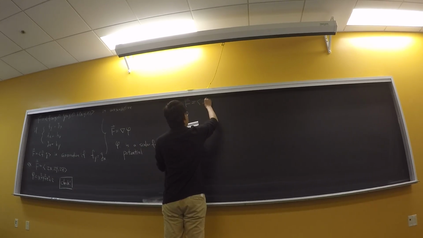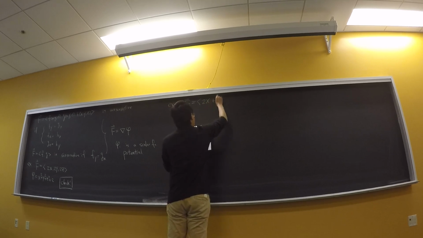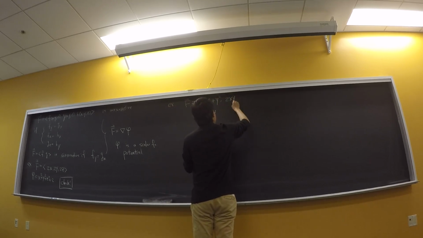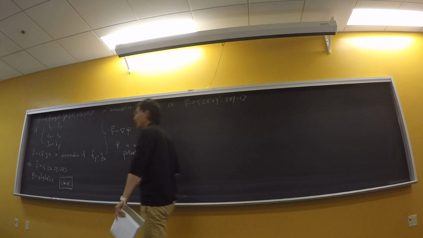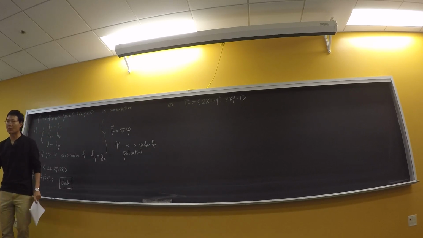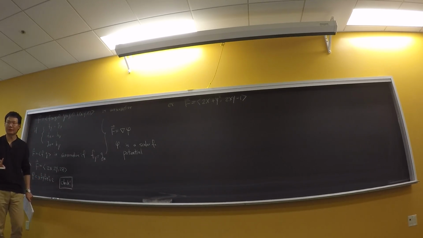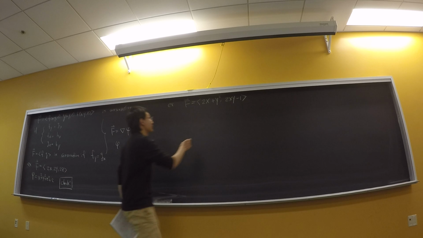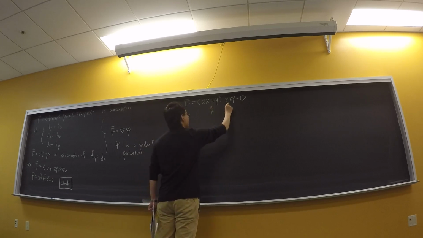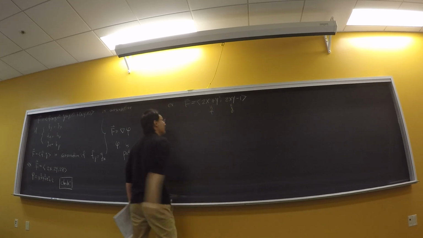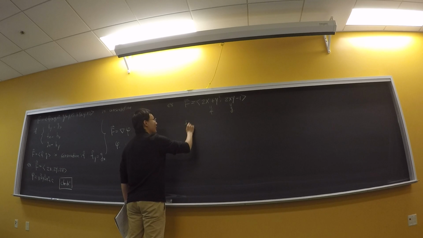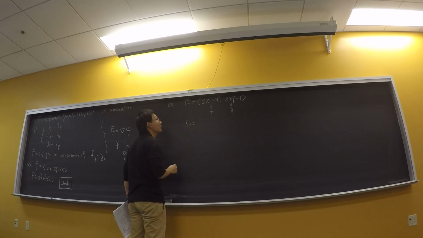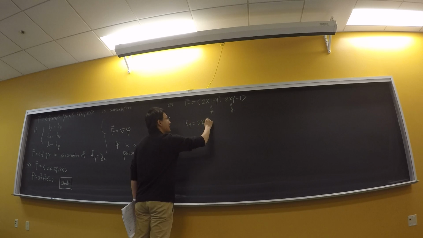So let's look at our R2 vector field. Okay, so this is the vector field. First of all, we can easily check if it is conservative or not. Right? So if this is my f component, this is g component, I only need to take the derivative of f with respect to y, which is equal to 2y, which is exactly equal to g sub x.